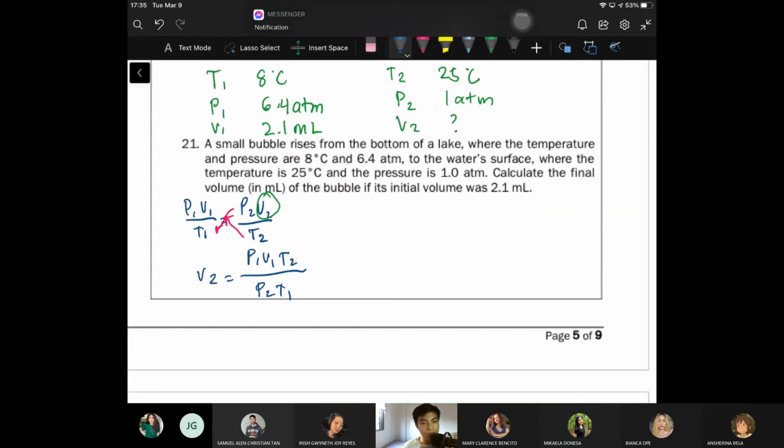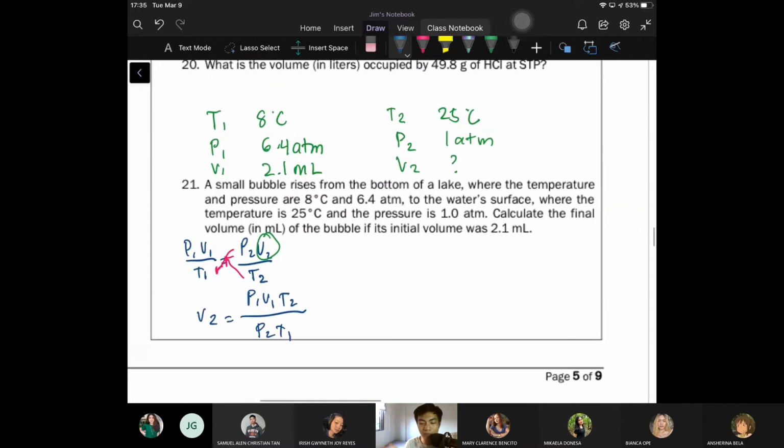Okay. So with that, let's plug in all our info, but yung temperature, convert muna natin. Kasi sabi ko yung Celsius, hindi pwede yan. Kailangan na Kelvin yan. So, 8 degrees Celsius is, ilan yan in terms of Kelvin? It's 273.15 plus 8. That will be 281.15.